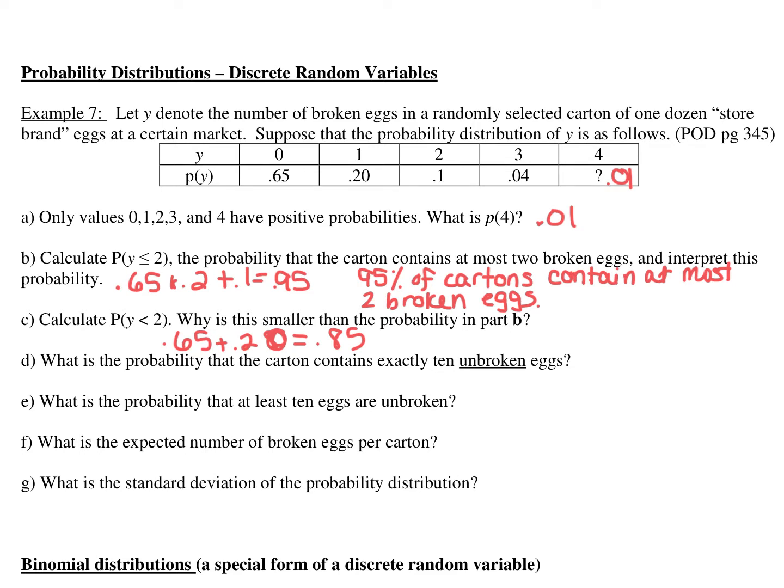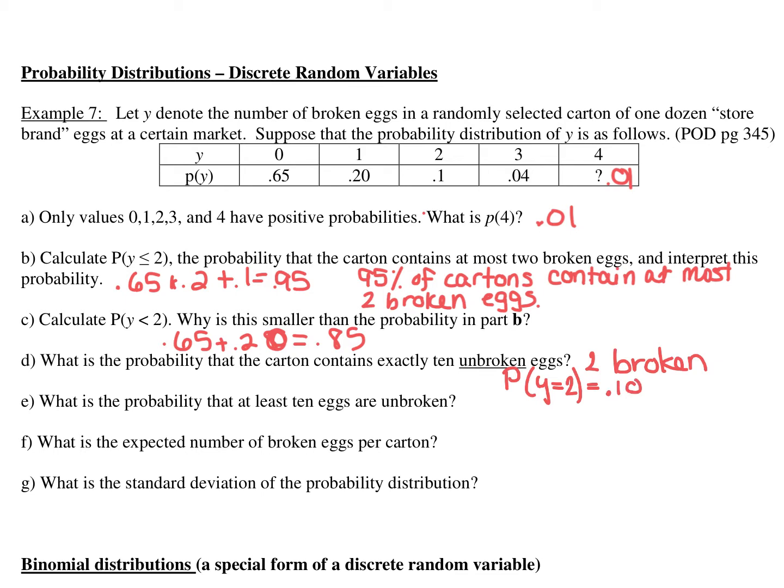When you look at this, you might be thrown off because it doesn't go up to 10, but watch that word unbroken. This is the number of broken eggs. So if it has 10 unbroken, that means there would be exactly 2 broken. So the probability that y is equal to 2 is exactly 0.10.